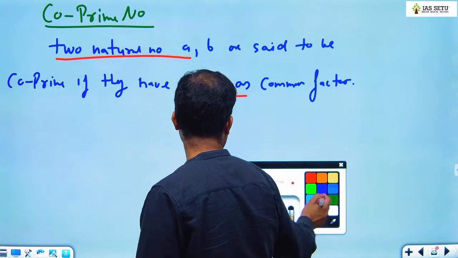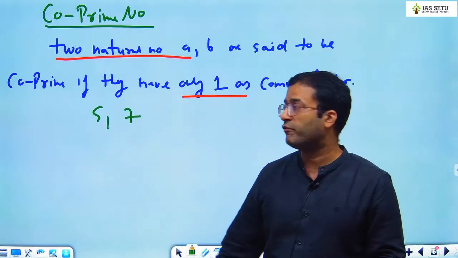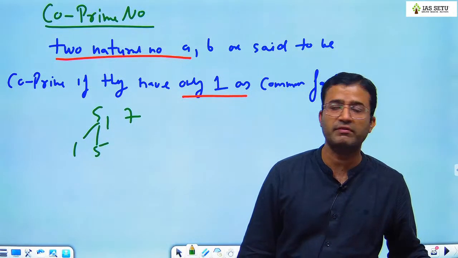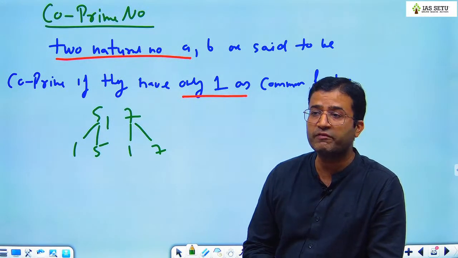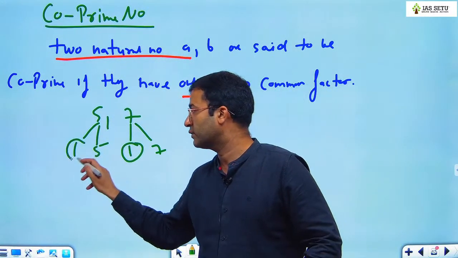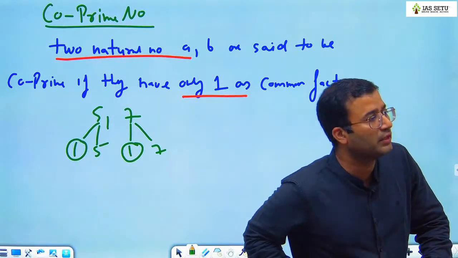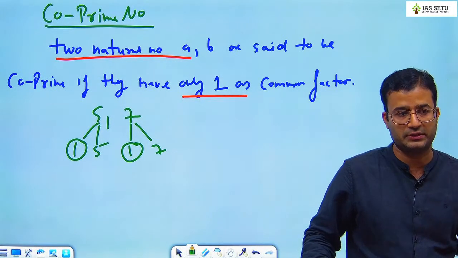I give you an example, like 5 and 7. What are the factors of 5? 1 and 5. What are the factors of 7? 1 and 7. Common factor, only 1. Since they have common factor only 1, we can say 5 and 7 are co-prime to each other.